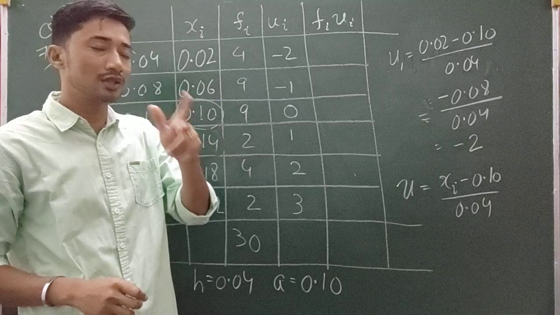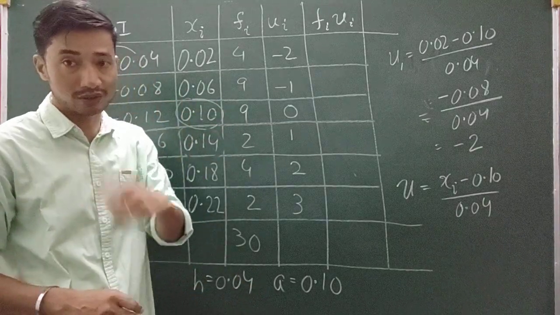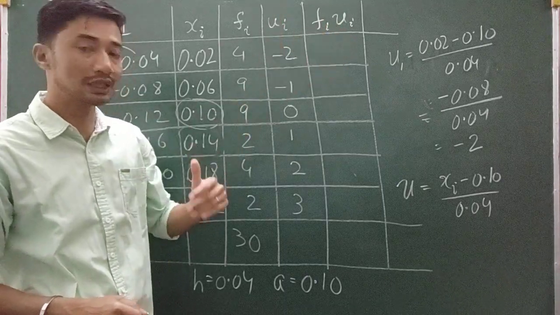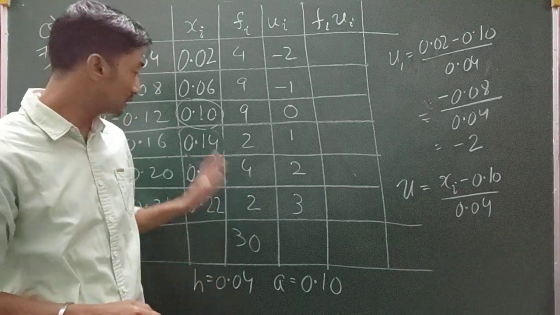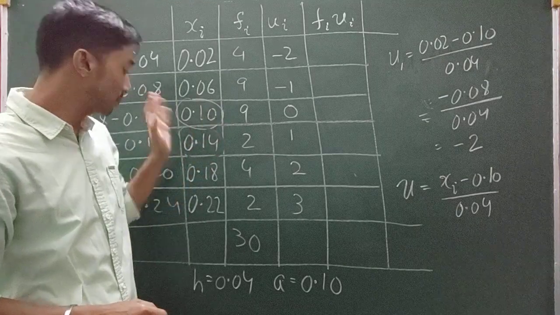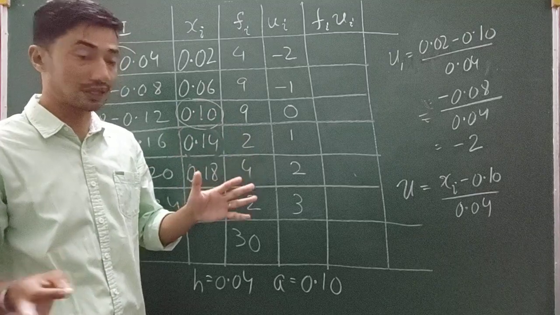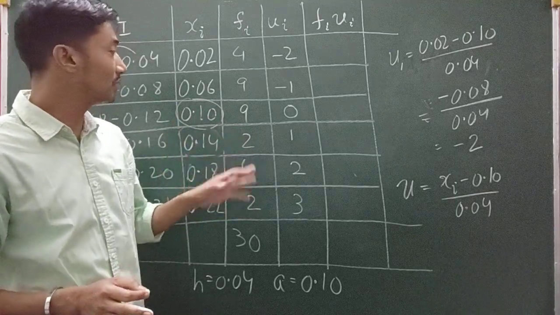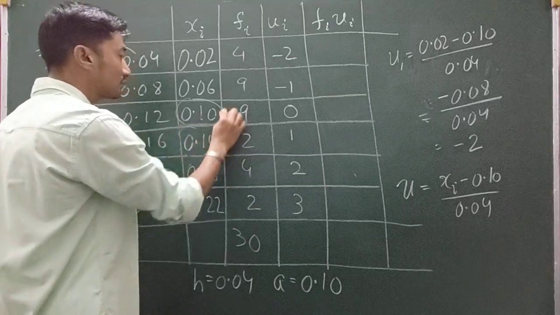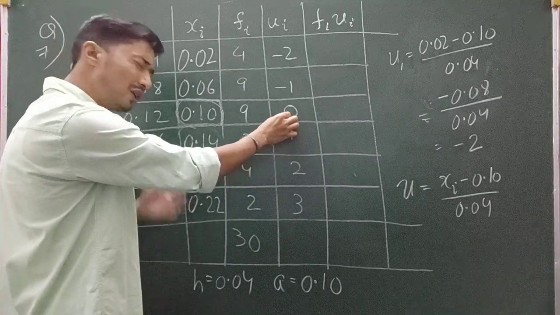The assumed mean method was slightly different. It was based on the class width. You can check out that video also if you haven't. That is for the assumed mean method. For the step deviation method, no matter what the class width is, no matter what the class interval is, no matter what the class mark is, as long as it is uniform and the class width is also uniform, every time, at least up to 10th standard, you will just write 0 in the column where you assume your assumed mean and then increase by 1 each time.